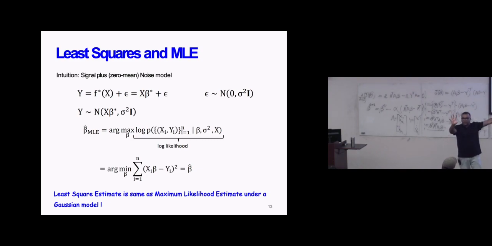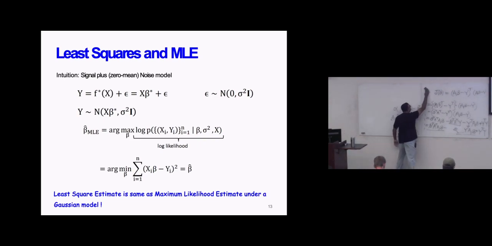Here, given the data, how likely you are going to see this exact value of y. It's just that the definition of likelihood is different, but it is exactly the same as maximizing likelihood. And this is what this proves. So let's prove that minimizing least square is exactly maximizing the likelihood of the data.